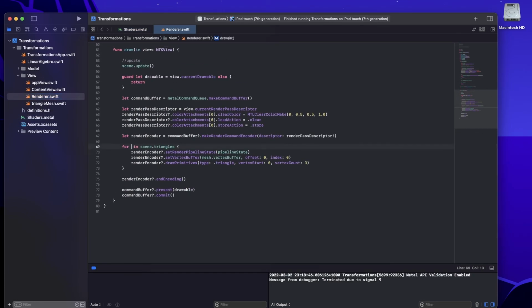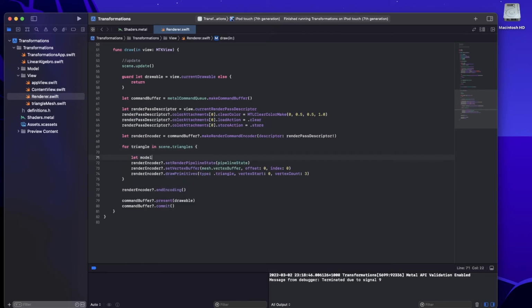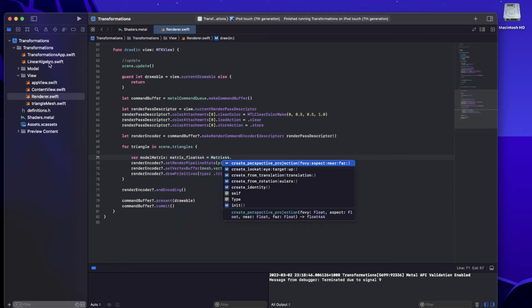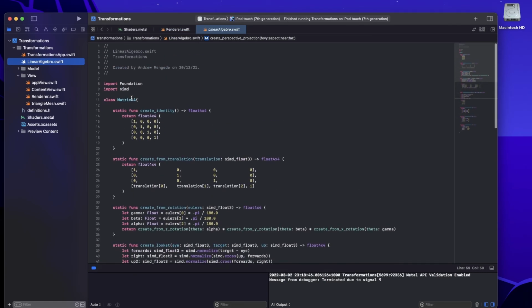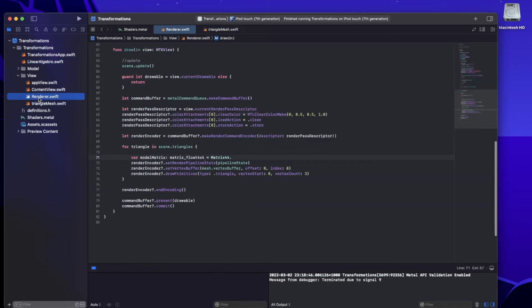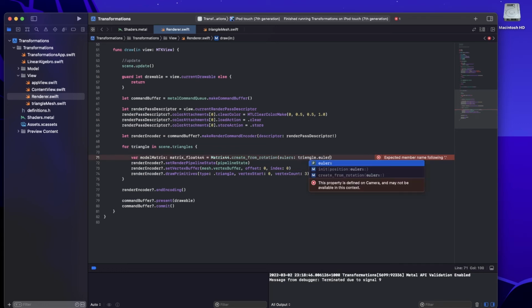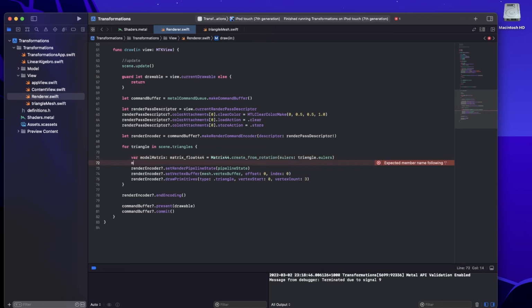And we'll go for each triangle. So again, linear algebra is kind of like a global class which has all these functions which return things. So we can simply go inside there and go create, let's rotate first. And then after rotating, we will stack on a translation.